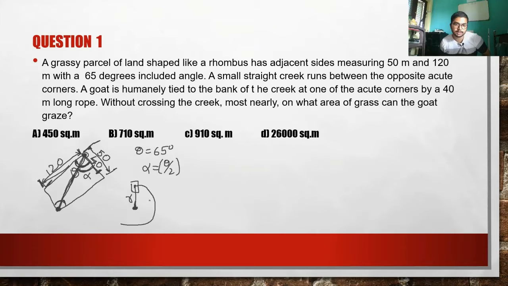This circle will be the area which can be covered by this particular object. So similarly, this goat, maximum area that this goat can graze is this circular sector. Since it should not cross this line, it can go up to here only. So this is the area which grass can be grazed by this goat. Now we need to find the area of this sector.